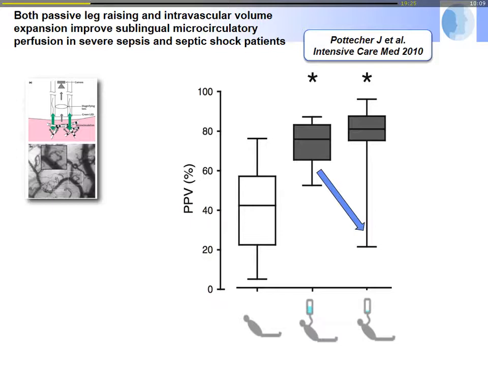But you can increase the pressure, and this can be due to the capillary leak. And by increasing the pressure inside the kidney, you can compress the microcirculation. At the end, if you give too much fluid, you can be deleterious. So it's very important to know when it's good to give fluid, but also when we have to stop giving fluid.